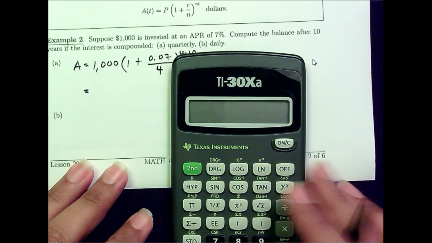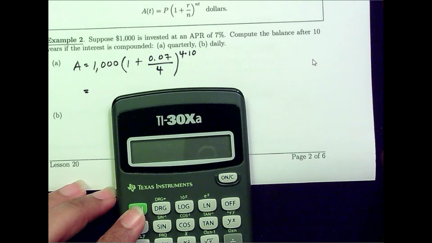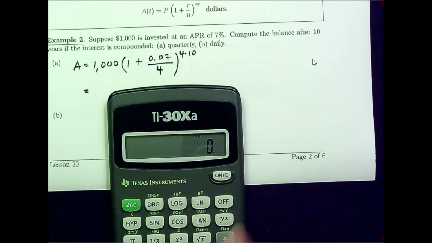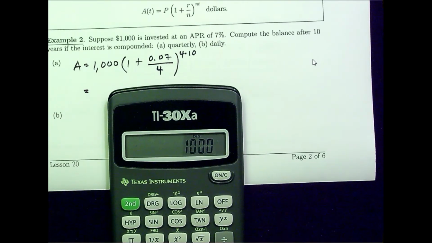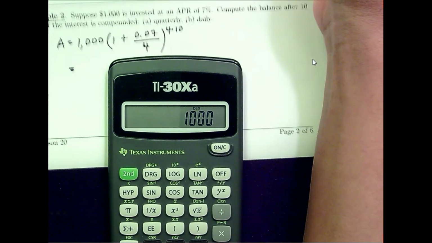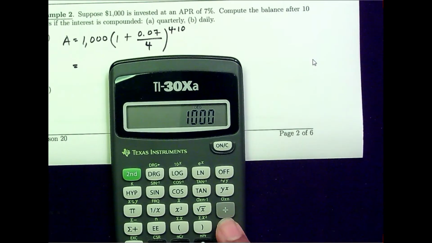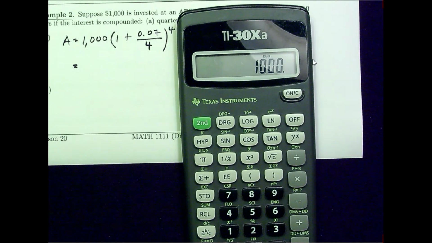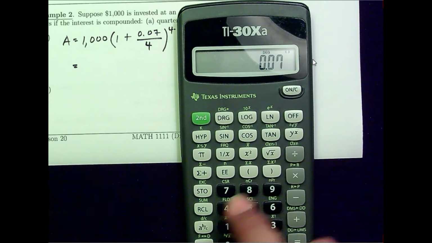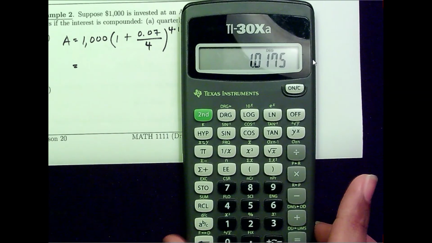And look how I'm putting this in my calculator. This is going to be 1,000 times, so I'm going to push the times button, times parentheses 1 plus 0.07 divided by 4, close parentheses.